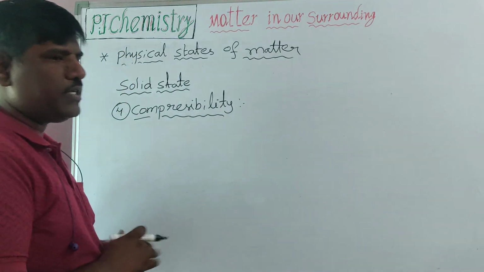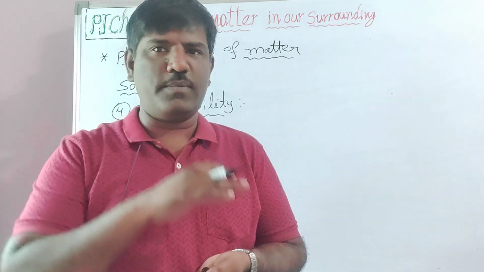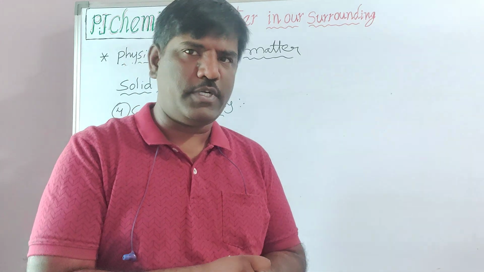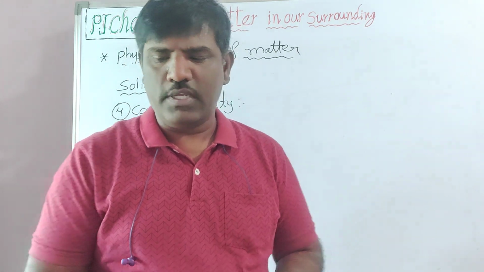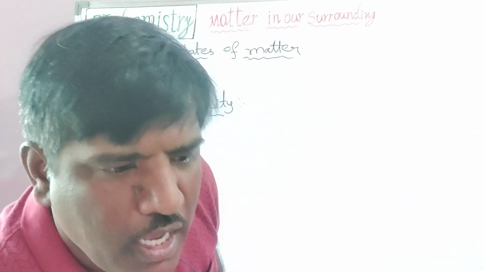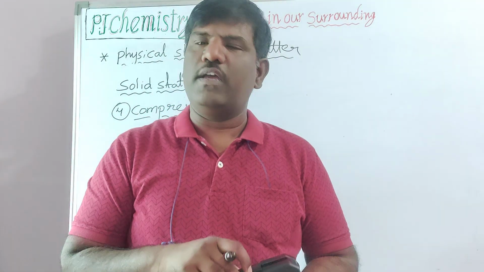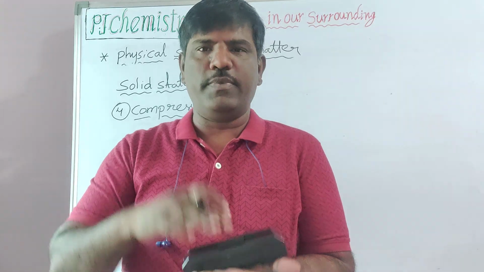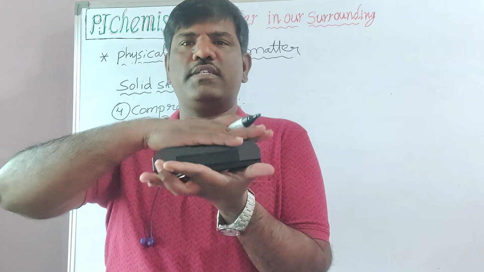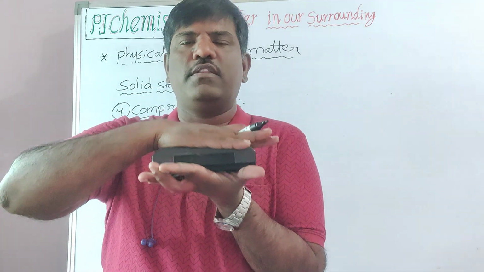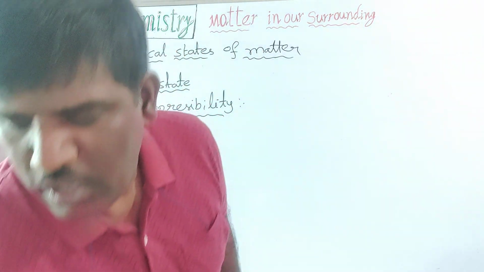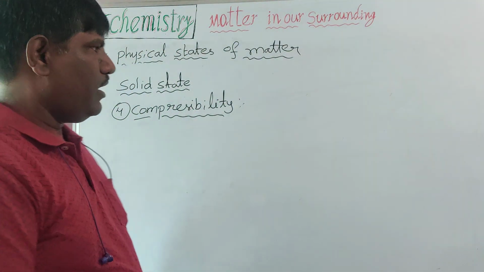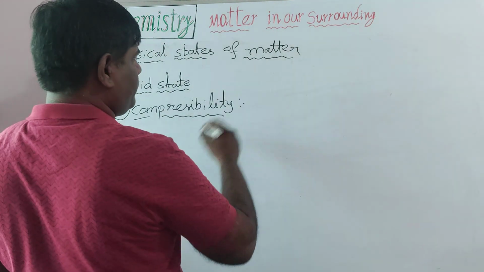When we apply pressure, if the size or shape changes, they have compressibility. If nothing changes, they do not have compressibility. Generally, solids have low or negligible compressibility. For example, this is the duster. When I apply pressure on this, there are no changes. That means solids have no compressibility or low compressibility.